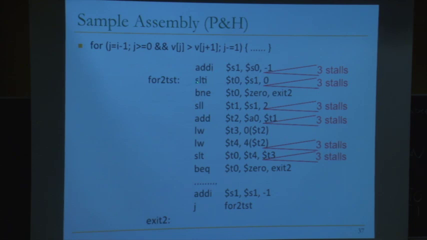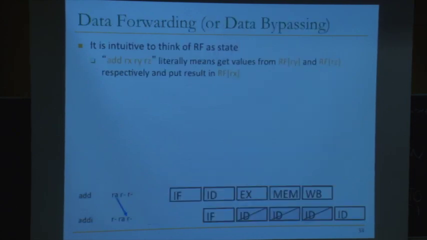This SLTI instruction needs the value produced by this add instruction. And that's not produced until after 3 cycles in the 5-stage pipeline that we've looked at. Similarly, this branch needs the value produced by this SLTI instruction. Again, 3 cycles. So if you look at this, you get a lot of stalls. And we're going to fix that problem with data forwarding soon.